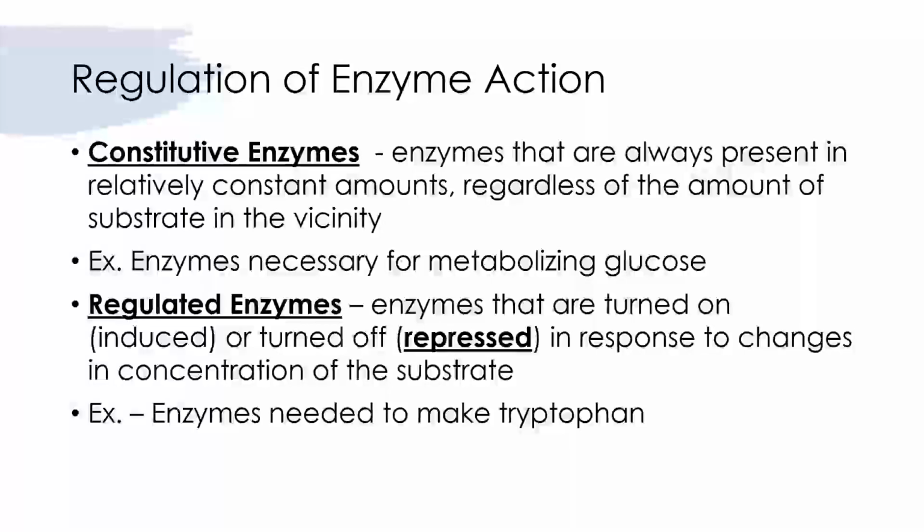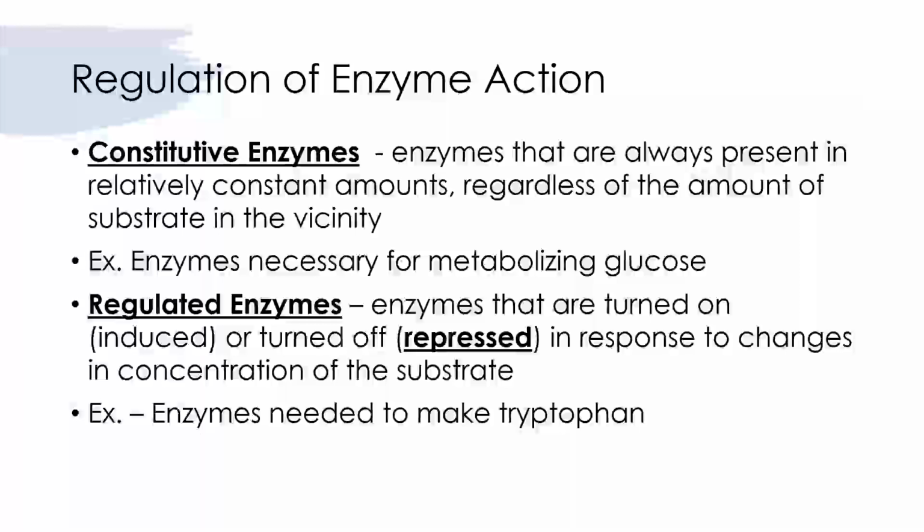As earlier mentioned, enzymes can be regulated. So some can be on all the time. Some can be on only as needed. The as needed ones are the regulated, and constitutive are on all the time. Constitutive enzymes are always present in relatively consistent amounts.